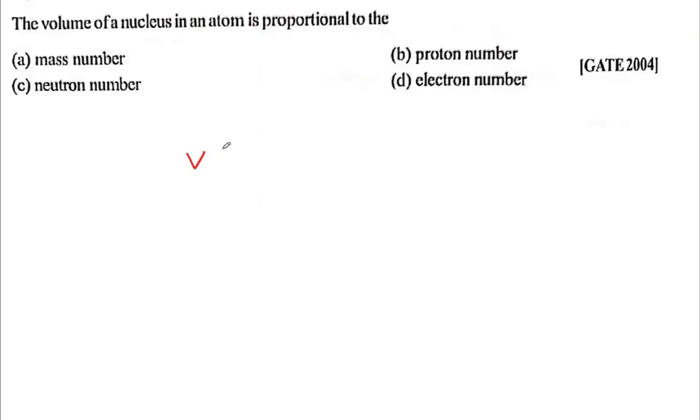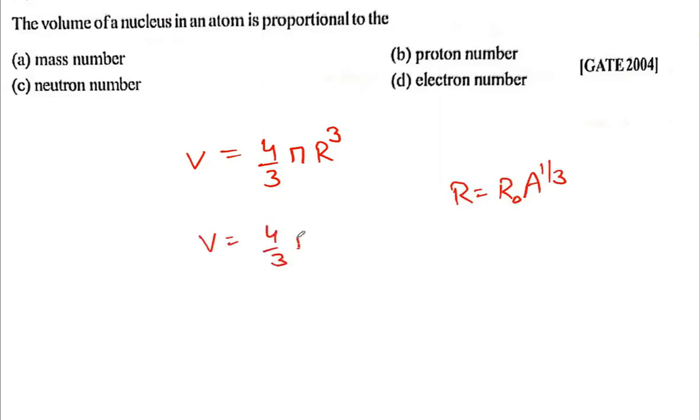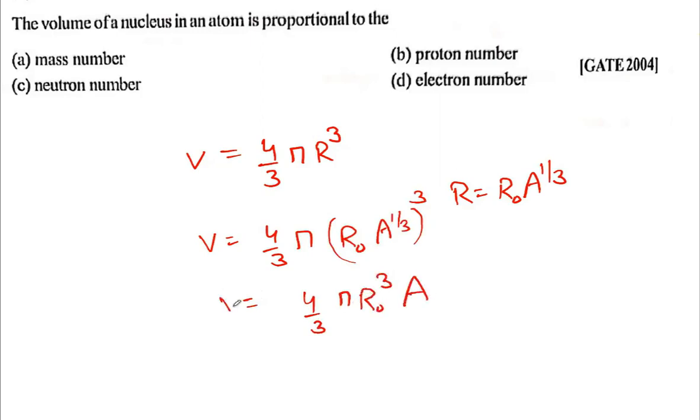So volume is equal to 4/3 pi r cubed, and r is equal to r naught into A^(1/3). So V comes out to be 4/3 pi into (r naught A^(1/3)) cubed, which is 4/3 pi r naught cubed into A. So volume is directly proportional to the mass number of the nucleus.